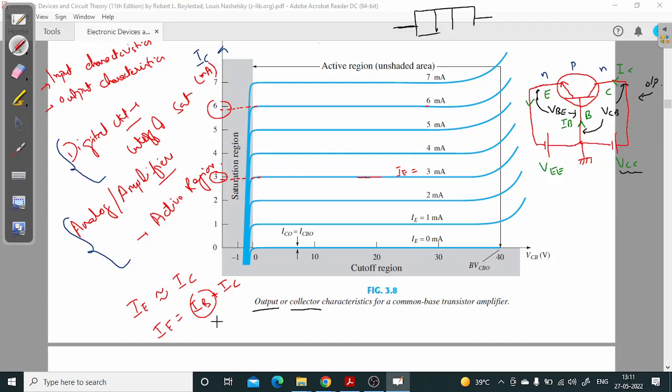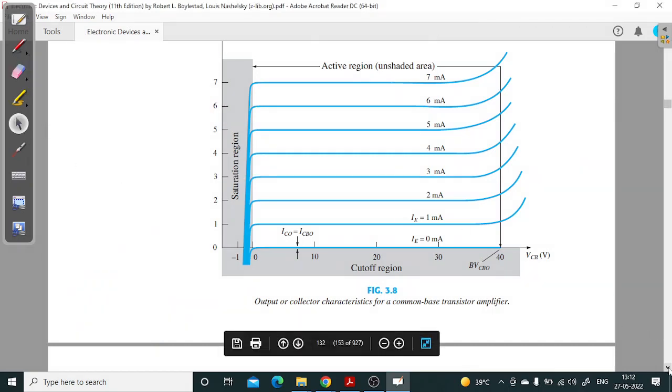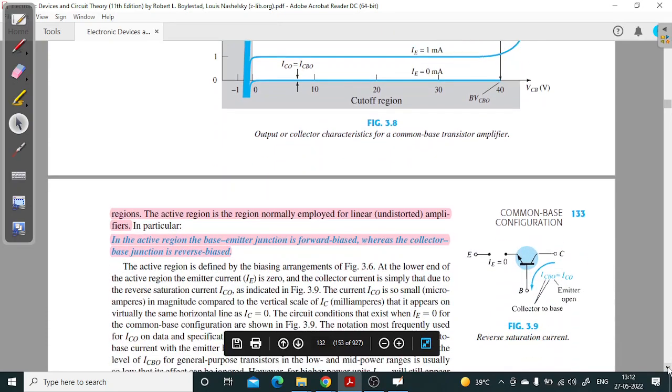Okay, but not in all conditions. We can write this condition for simplification purposes, and this is also visible from this graph. Okay, so this is the output characteristic for the common base configuration, right?